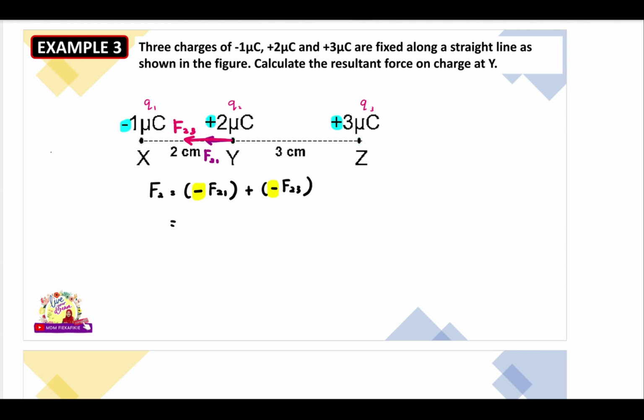So, we substitute the values. Okay, Q2, so negatif jangan lupa. Okay, KQ1 over R21 squared plus, jadi minus, KQ2 Q3 over R23 squared. So, substitute all the values. So, saya factorizekan KQ2. Okay.